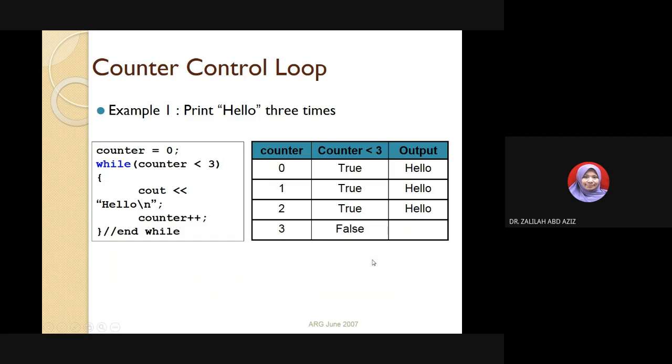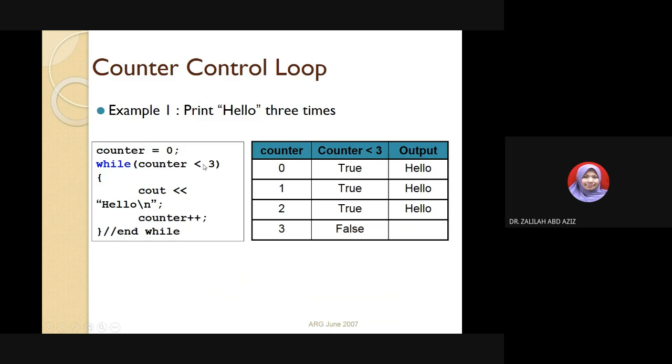Now let's look at one example here. Let's say we want to print hello 3 times. You already know that we want to print the statement hello 3 times, 3 kali. So obviously we put here the initial, let's say counter equal to 0.